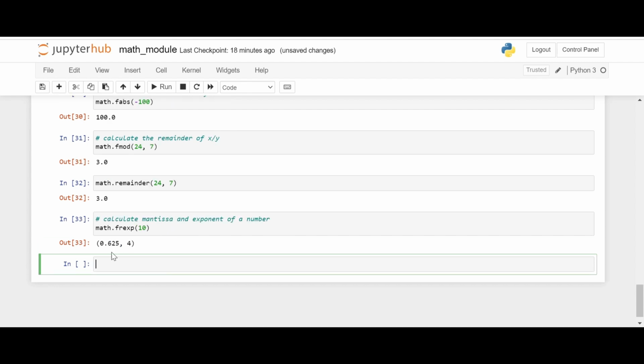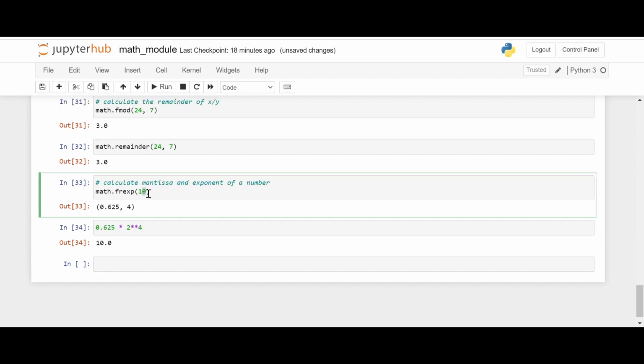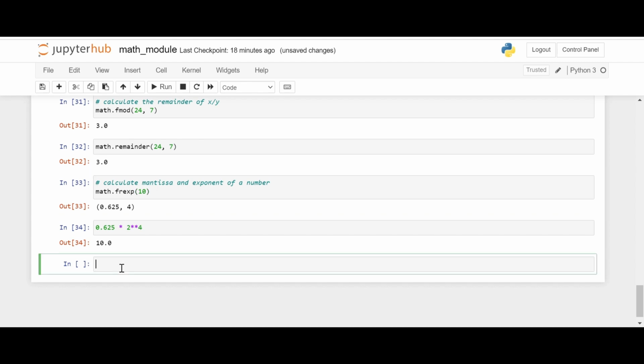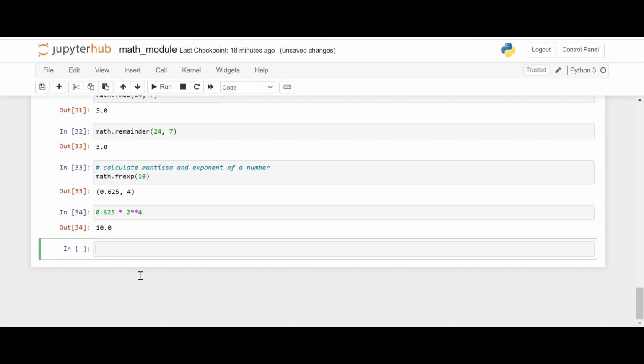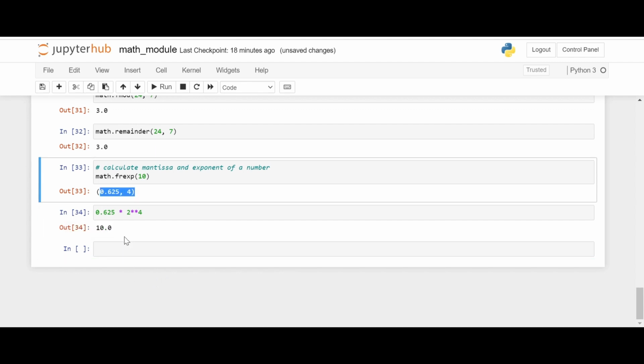What is happening here is that this is our mantissa value. This is getting multiplied by 2 to the power of this exponent. So we get this input as a result. And when we pass this, we get these two.